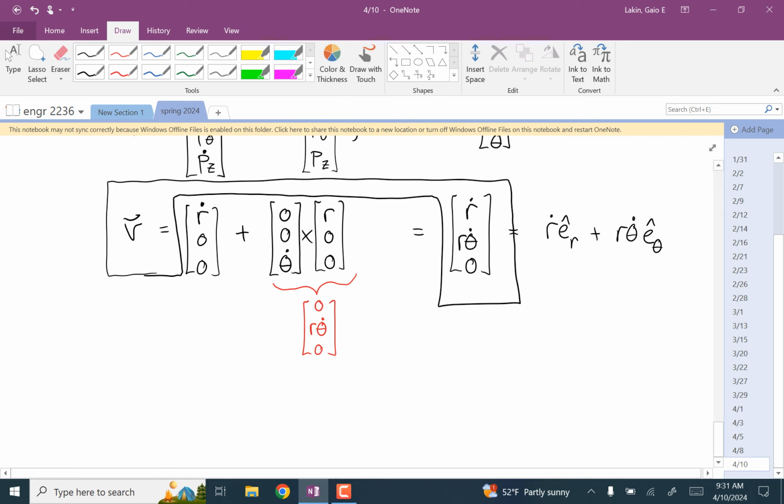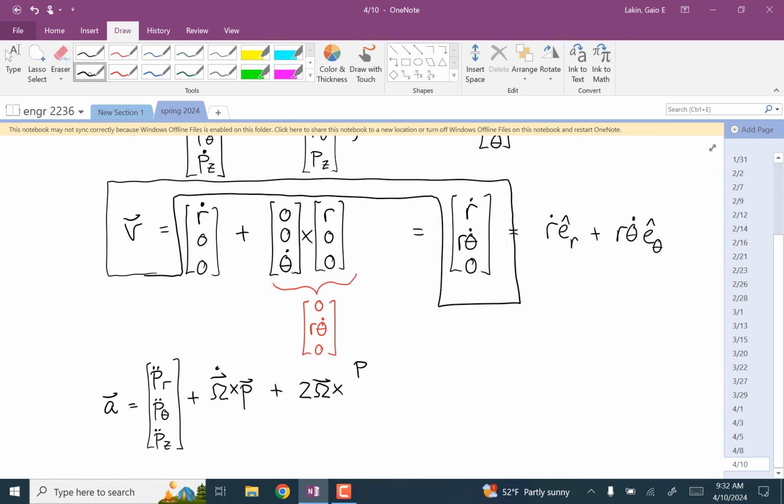And then the acceleration is the second time derivatives of the position components, plus omega dot crossed with the position vector, plus 2 times omega crossed with the first time derivatives of the components.